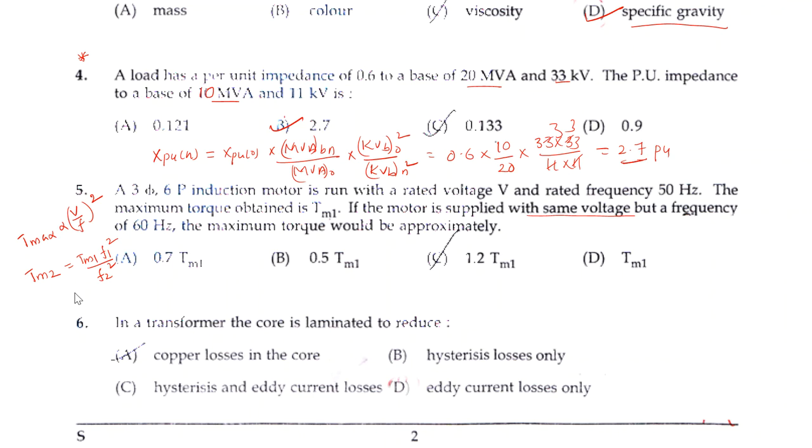F1 is the frequency in the first case, so 50 square divided by 60 square. If you see the options, without doing calculations you will say that A will be the answer. So Tm2 will be 0.7 times that of Tm1.